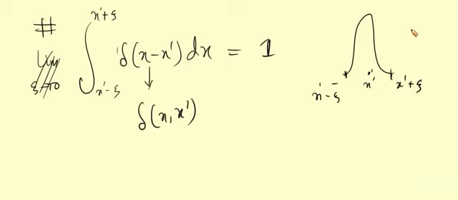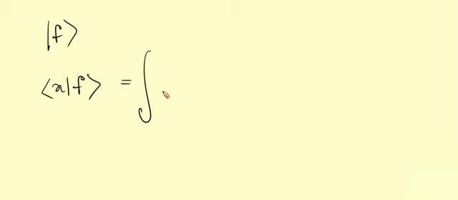Because let's say you have a function, a vector in infinite dimensional space, and you want to get the function out of this by writing it like this. And now if you decided that you want to use another basis instead of the x basis, the x prime basis.